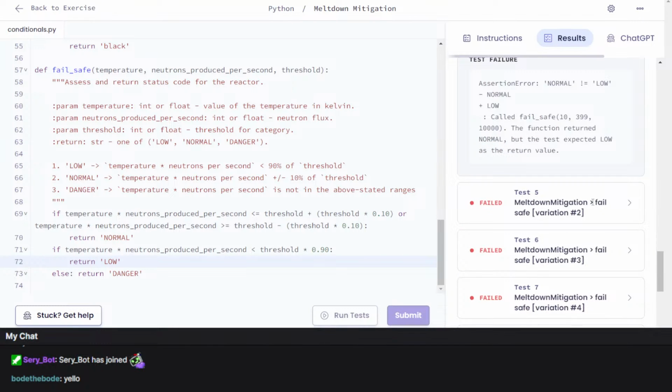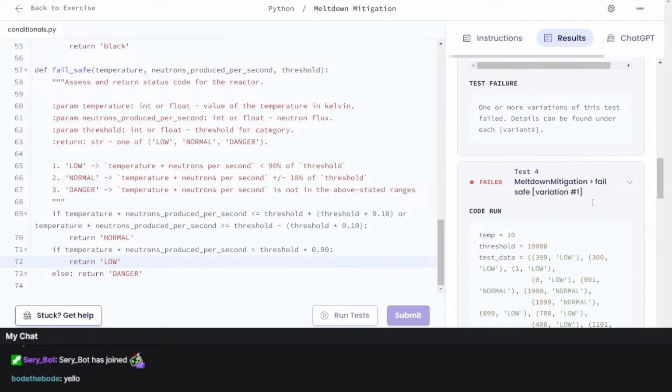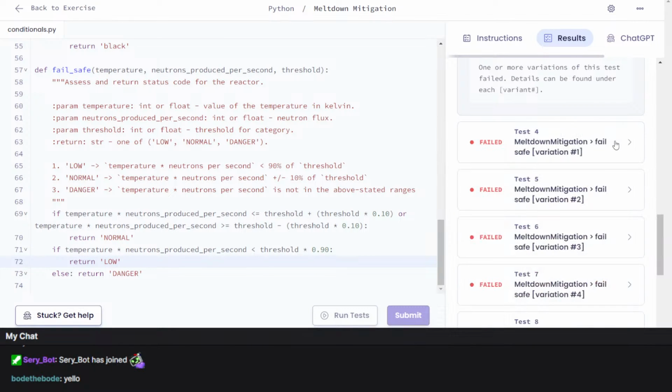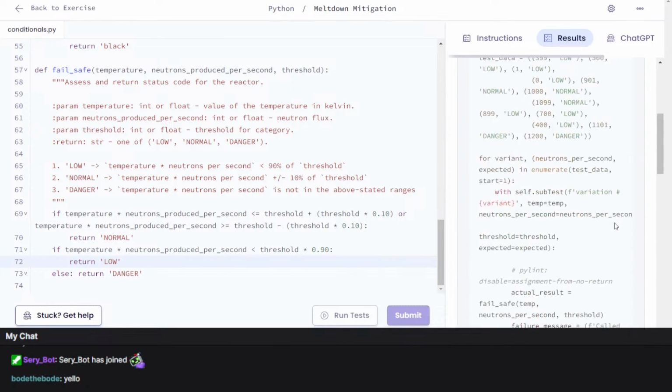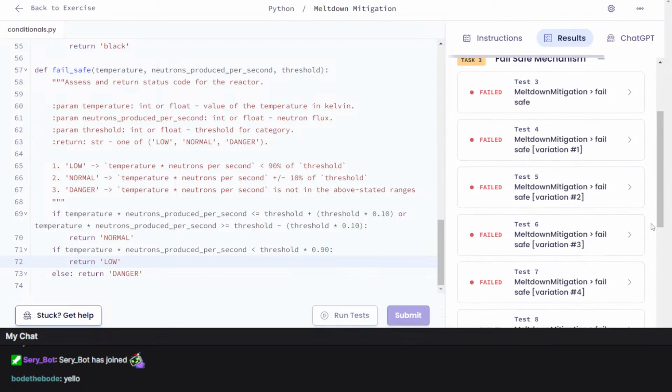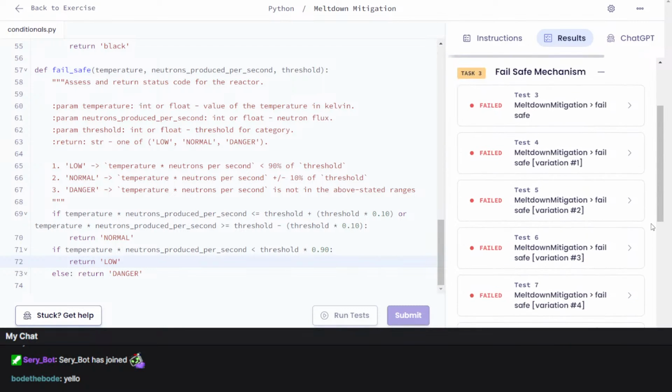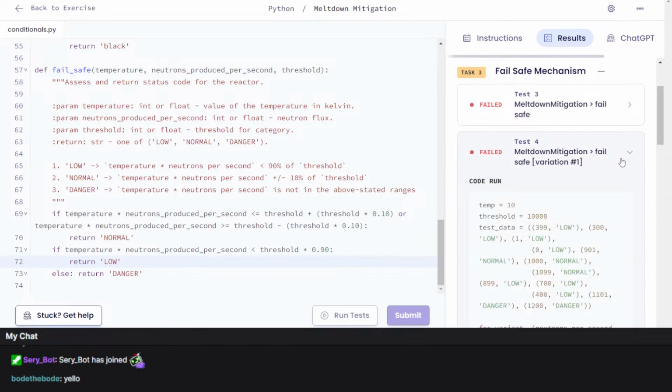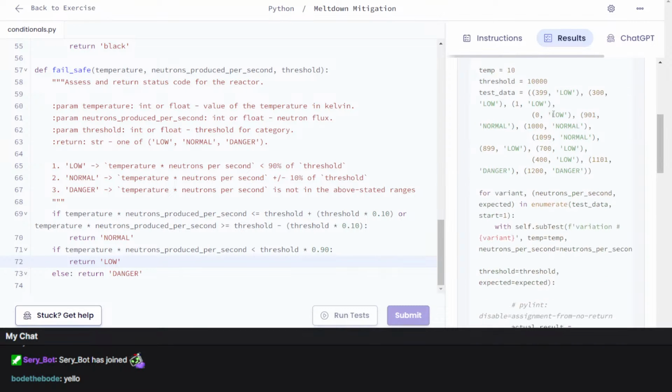I hate this. Oh, well, at least, okay. Interesting. I'll look at this one first then. I don't know what that is.